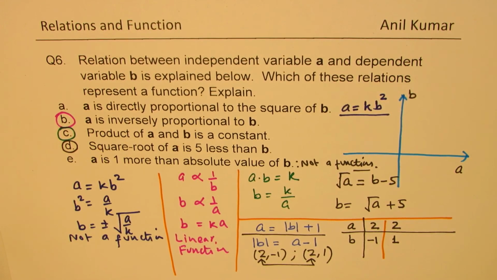With that, we complete this topic on identifying whether a relation is a function or not. These questions were from previous test papers, and I hope you do fairly well with these practice test questions. I hope you understand and appreciate.